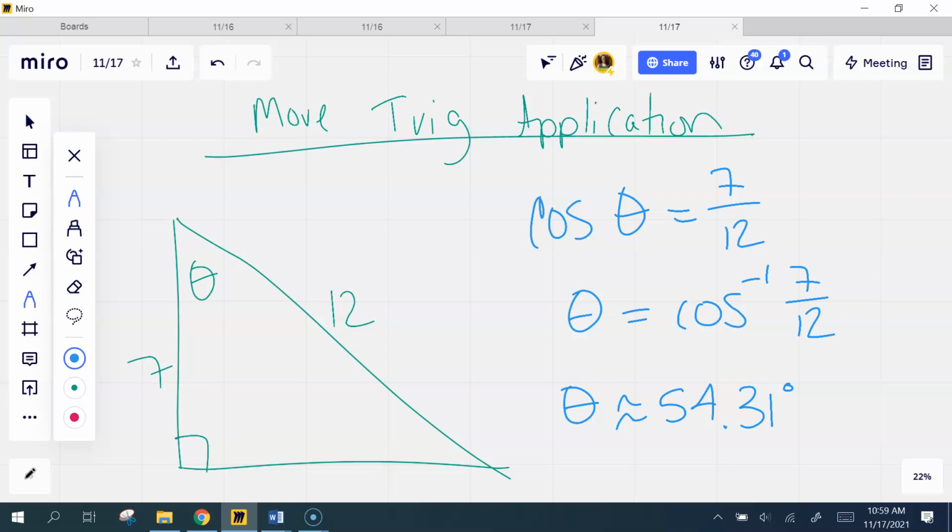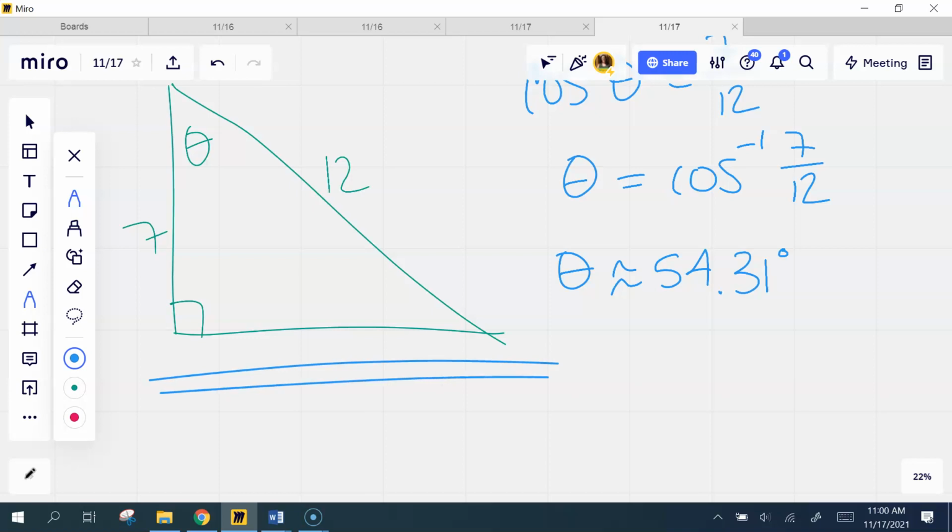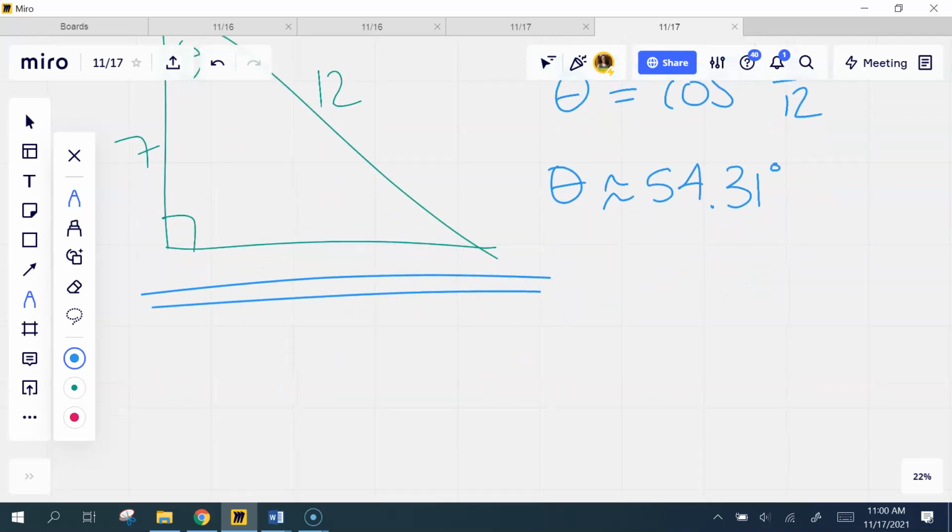If you're given two sides and you need to find theta, then you just use the inverse. Just so you understand what inverse is, if I told you that the sine of theta was the square root of 3 over 2, what would you tell me theta was?